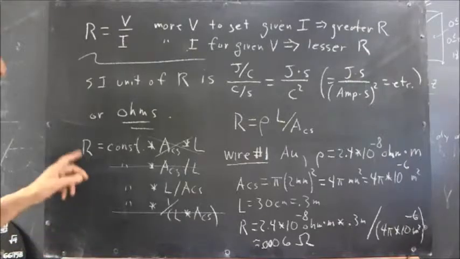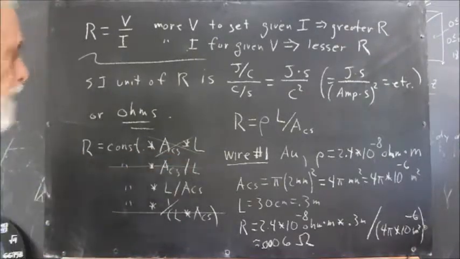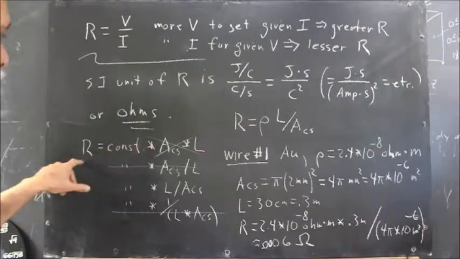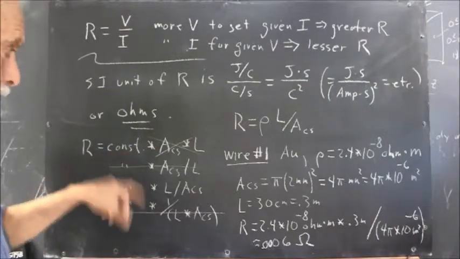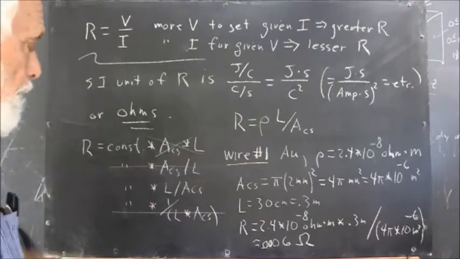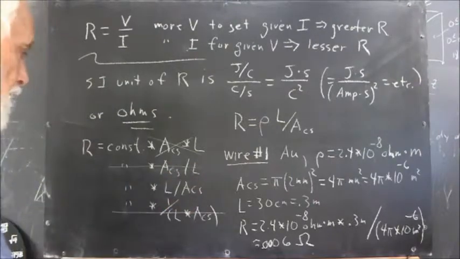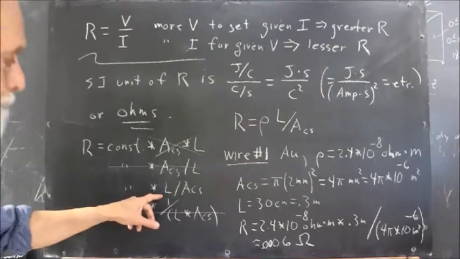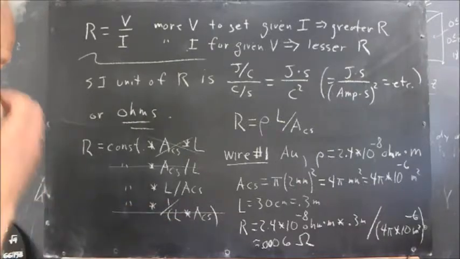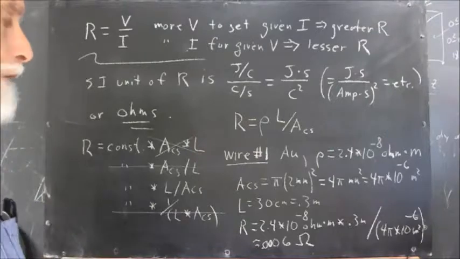Okay, so if we have a simple proportionality involving cross-sectional area and length, it could be a proportionality where the resistance is some constant that will depend on the material, multiplied by cross-sectional area and length, or multiplied by cross-sectional area and divided by length, or multiplied by length and divided by cross-sectional area, or divided by both length and cross-sectional area.